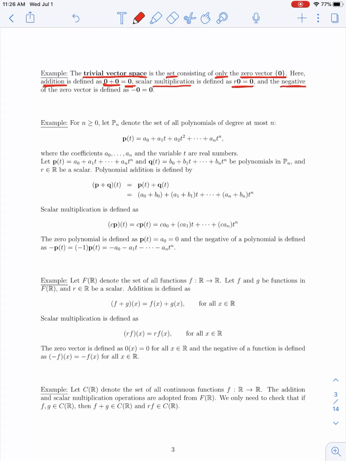And the negative of the zero vector is defined as negative of 0, which is 0 itself, because we've already seen if we add 0 to itself, we get back 0. So the zero vector is its own additive inverse. So the vector space consisting of only a zero vector is known as the trivial vector space, and it is a vector space defined under these operations.